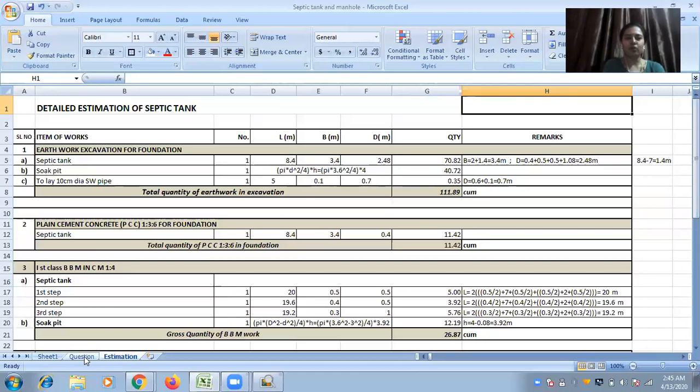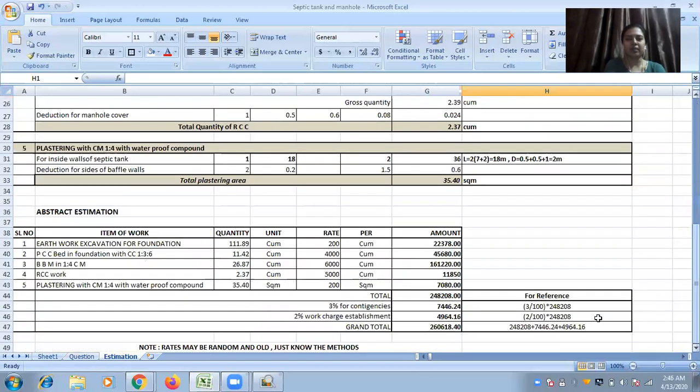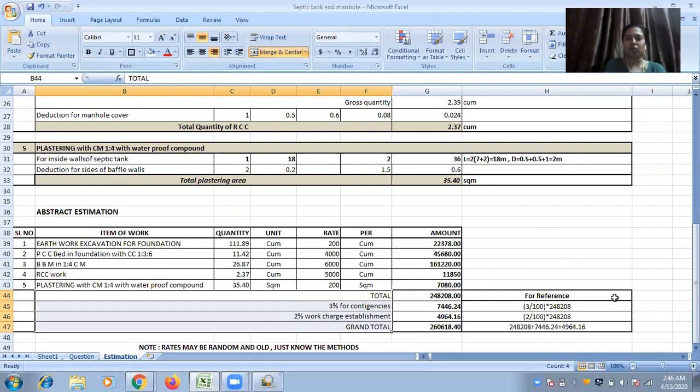But in the exam, you have to work out whatever the question is given, whatever the sub question is asked, only for that you have to work out. But abstract estimation will be same. Even if only one item is given, you have to give this 3%, 2%, everything. Whatever might be the number of items of work, this part is same for all the estimation.